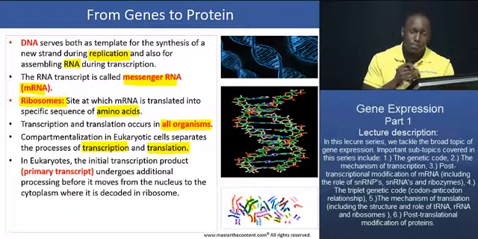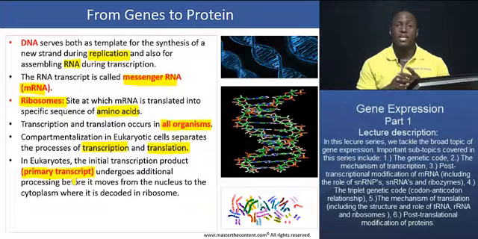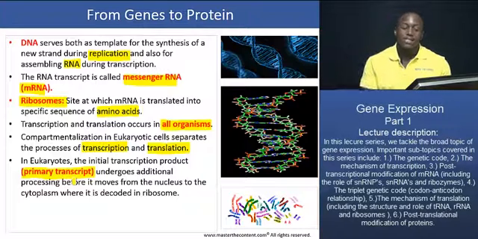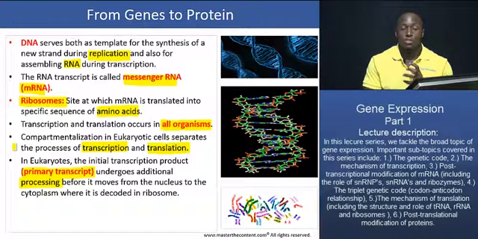The initial transcript that is formed from transcription, which we call the primary transcript, or pre-mRNA, is immature. It's not ready to be used for the synthesis of proteins yet. It must undergo additional processing before it can be removed from the nucleus to perform its function. So that's another key distinguishing feature between the transcription and translation processes when we're talking about prokaryotes versus eukaryotes. So I'm just going to move on.